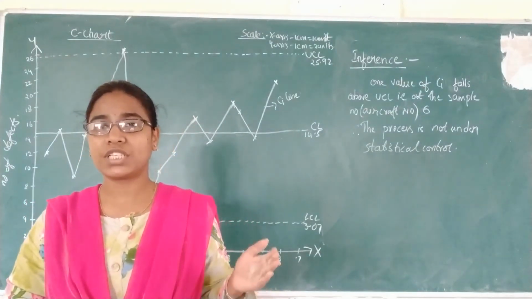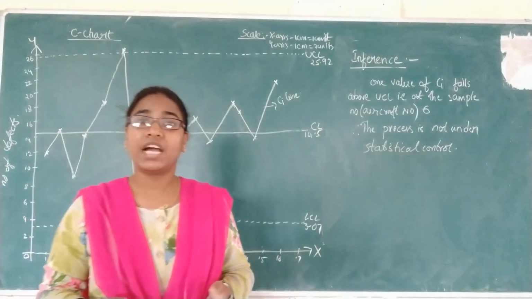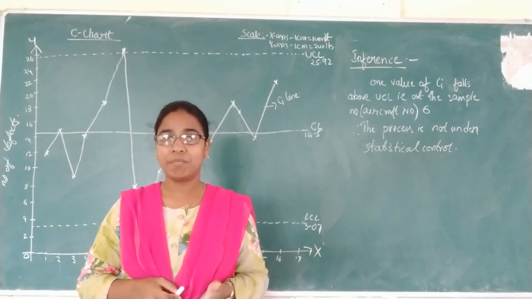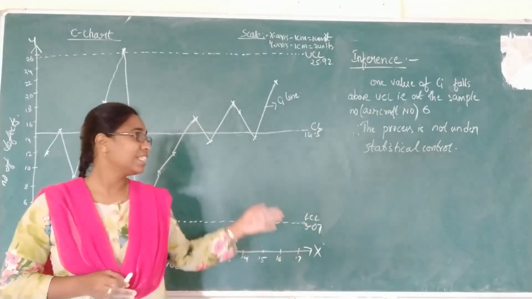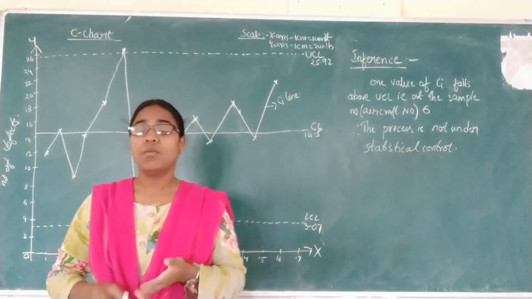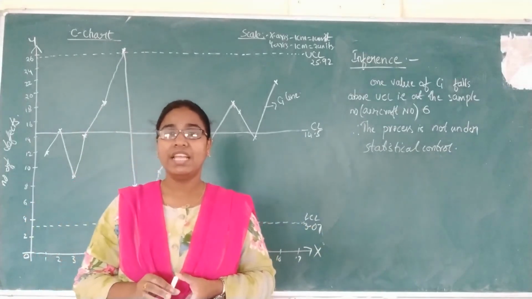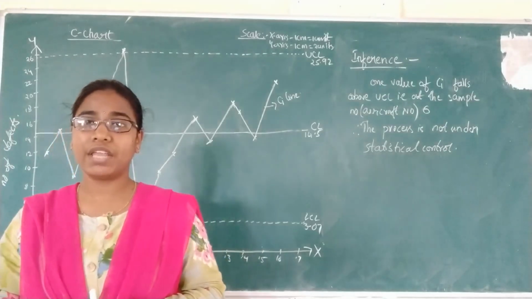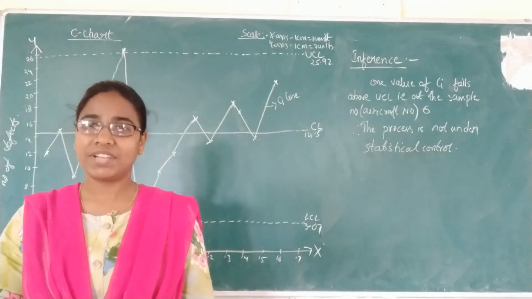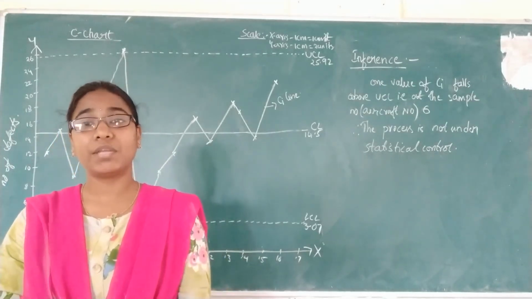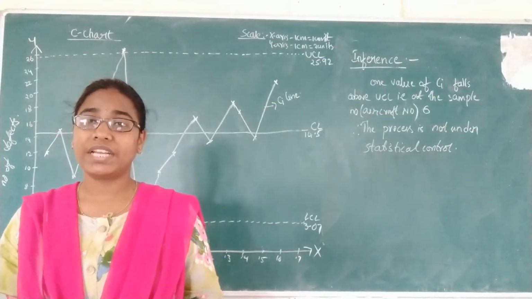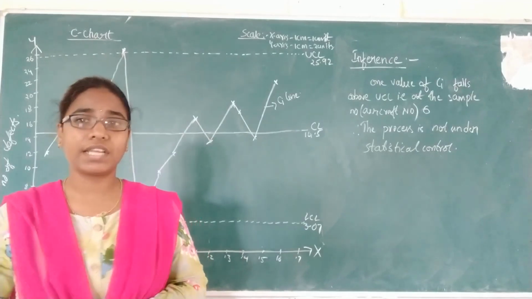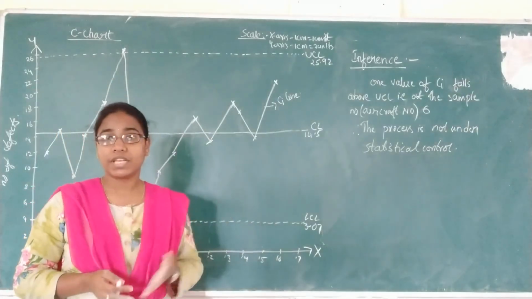And among control charts for attributes, compared to P chart and NP chart, this C chart is very easy because we don't have any lengthy calculations in it. Only the defect values will be already given. P chart means defectives will be given, we have to calculate the proportion of defectives. When Di values are given, we will be calculating Pi values. Some calculations are there, but in C chart, it is very easy.